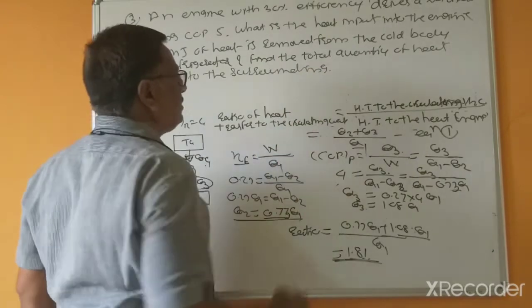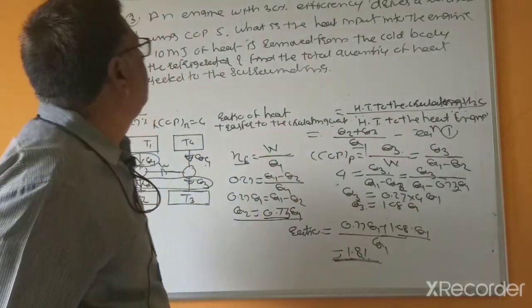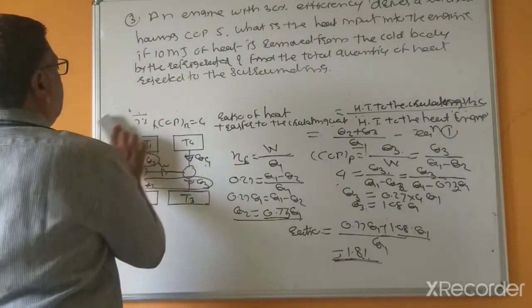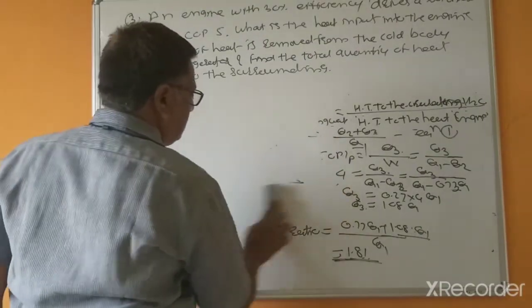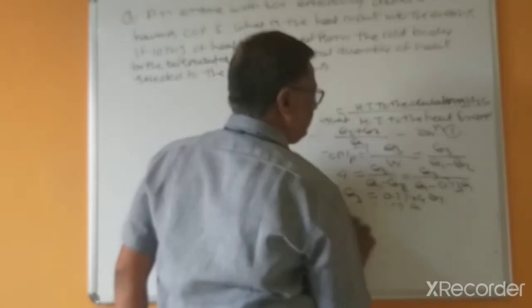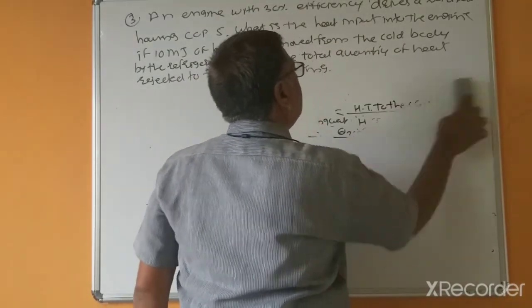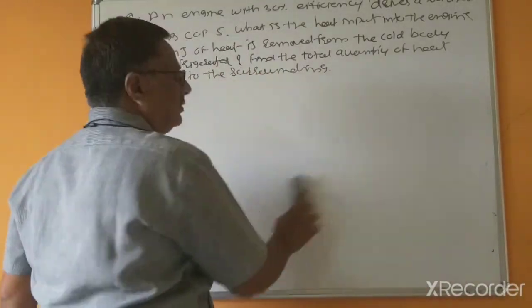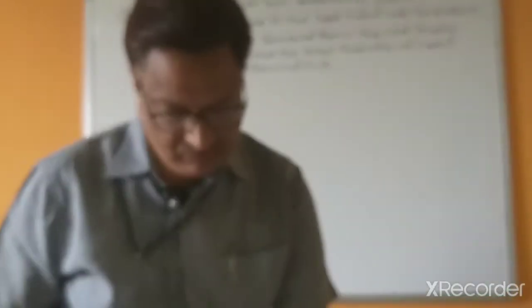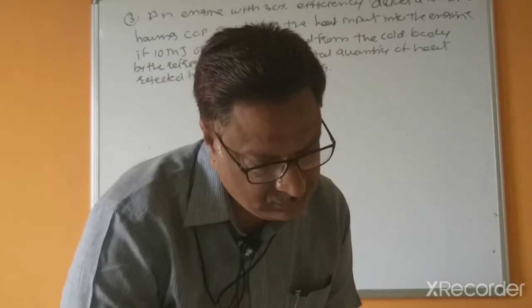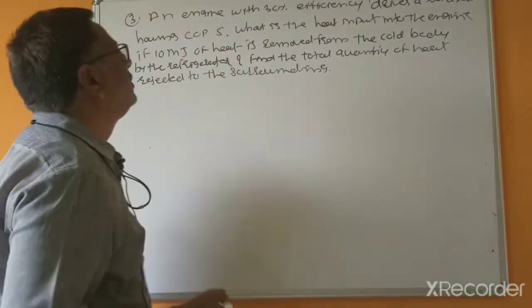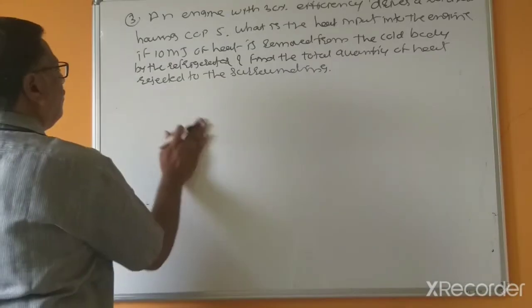So in this case also this is combined, because the heat engine rejects Q2 and I think this is Q4. So first we will draw the figure.